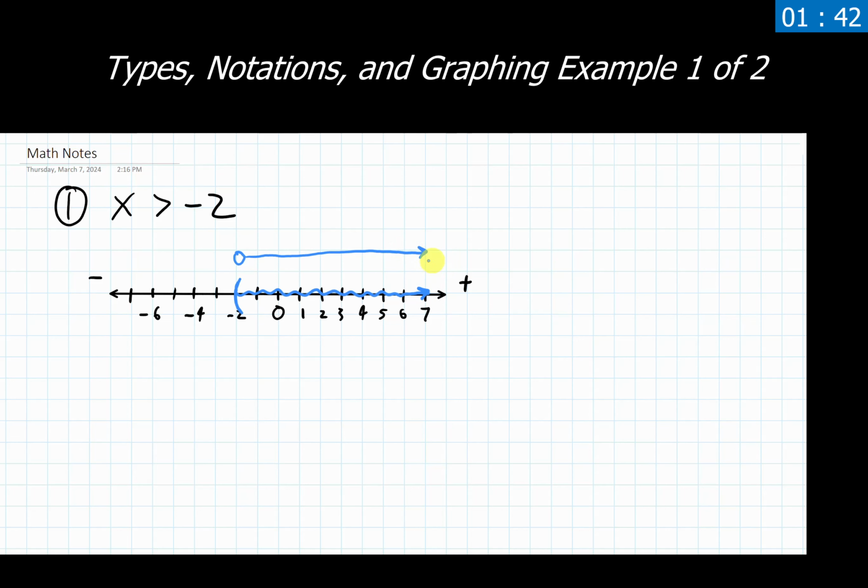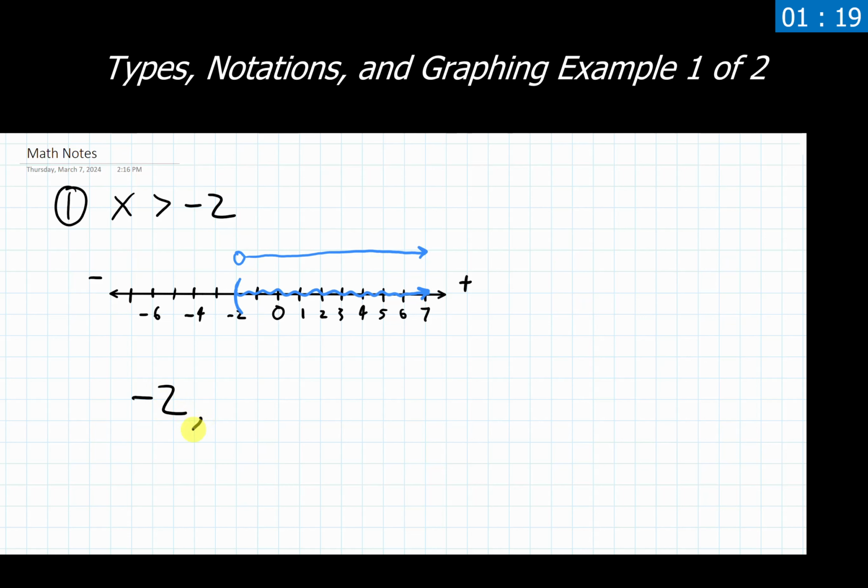Fantastic. Let's rewrite this thing into interval notation. So that means we need to determine what is the lowest possible number that I have in this range of answers. We're not going to determine if we include it or not just yet, but we're just trying to find the lowest thing. So the lowest number looks like it would be -2 here. I'm going to write in a -2.